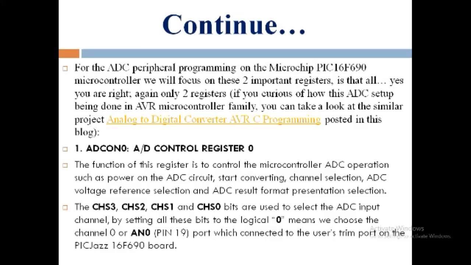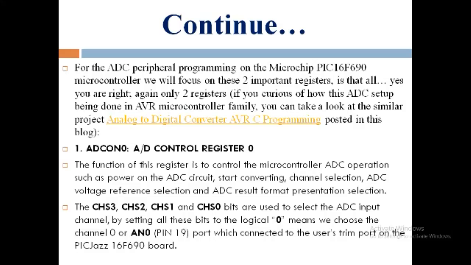The first one is ADCON0, that is the AD control register 0. The function of this register is to control the microcontroller ADC operation, such as powering on the ADC circuit, starting conversion, channel selection, ADC voltage reference selection, and ADC result format selection.